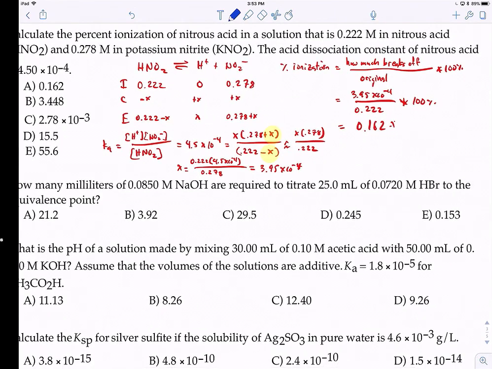Or, it's a 1-to-1 ratio, which is even easier. So here, moles acid needs to equal moles base. So the moles of NaOH need to equal the moles of HBr.